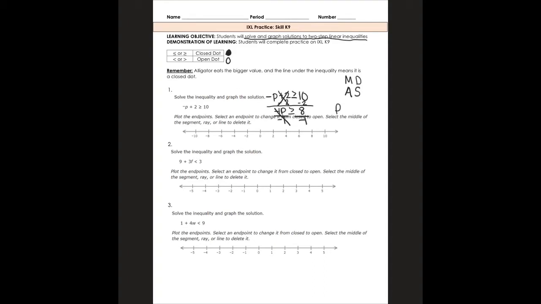Since we did divide by a negative, we have to flip our sign. So I'm going to take this sign, flip it to be less than or equal to 8 divided by negative 1 is negative 8. And this is my final inequality solution, and I can also graph this inequality on the number line.